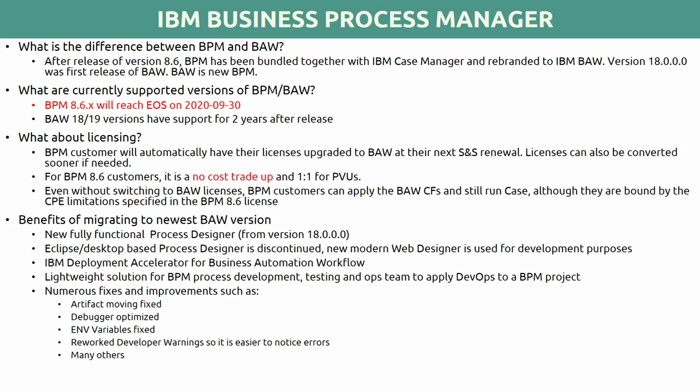Another software that we work with a lot is IBM Business Process Manager. So IBM BPM also has a long history as IBM's middleware. There are a lot of versions of IBM BPM you can use, and also a lot of editions, like Standard, Advanced, and Express.